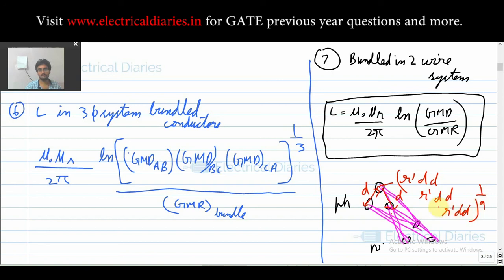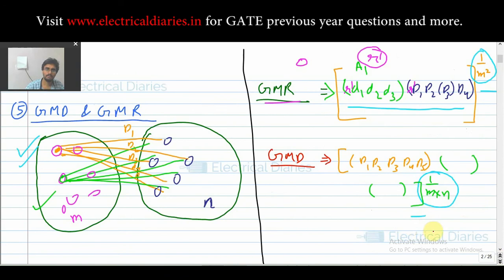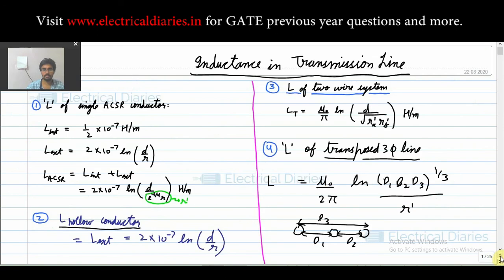So you will get your GMR in this fashion, and GMD I have already told you. I have just given you a small example also. In that fashion you have to solve the question. So always remember these formulas, the concept of GMD and GMR, and what I have tried to express in this discussion.